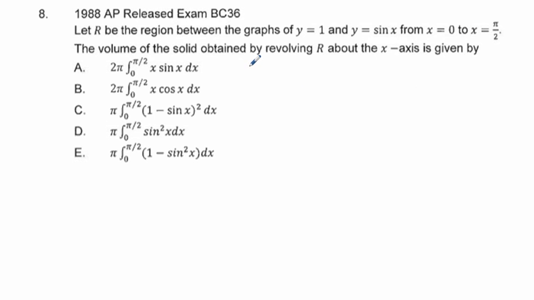It may not be readily apparent, but a washer method is going to be simply from A to B, and you're going to have your big radius squared minus your small radius squared, dx. And what else? Pi. Okay, times pi, and this method already puts into suspicion answer choices A and B, doesn't it?